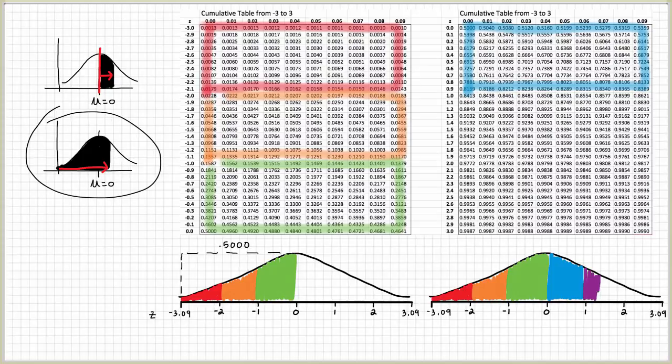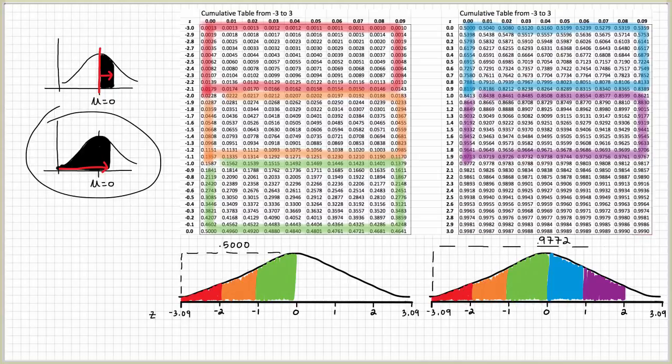And then shade the purple from 1 to 2, and that corresponds to this part of the table, and the probability between negative 3.09 to 2 corresponds to about 97% of the table, maybe 98%.